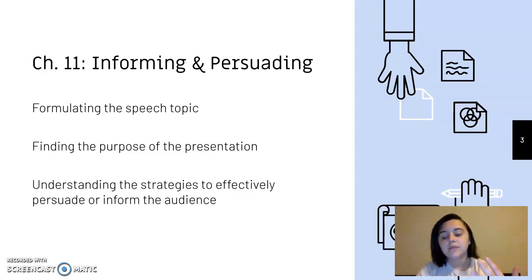And the textbook separates it into either you're going to inform or you're going to persuade your audience. I think that's really important to know right off the bat, because you need to know if you're going to be trying to persuade them with logic or emotion, or if you're trying to inform them, what's the most effective way to inform them.